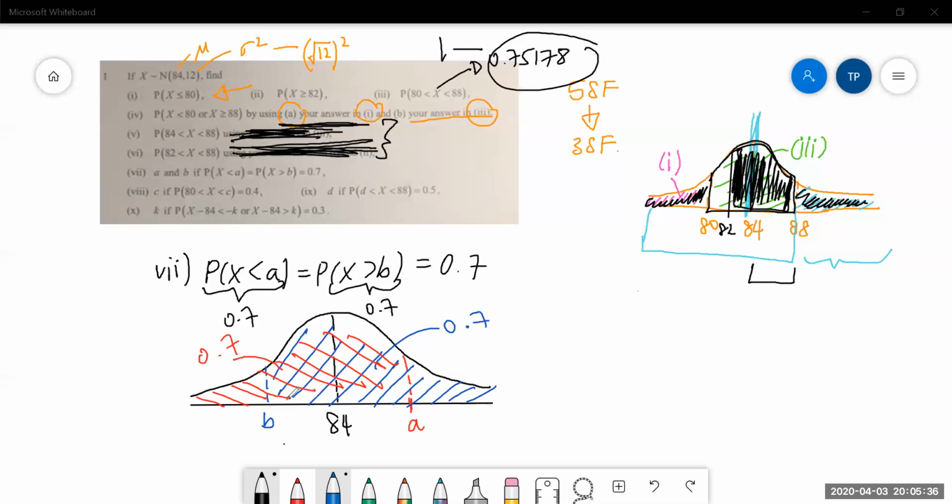So how do we find A and B? Inverse. Very good. So one way is that we can split it up. Over here you'll say, using inverse norm.